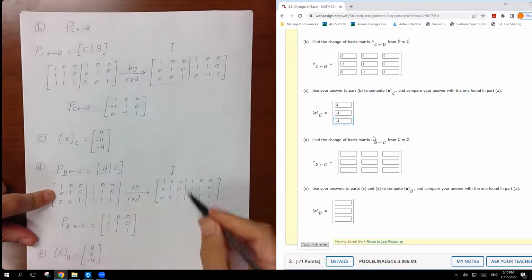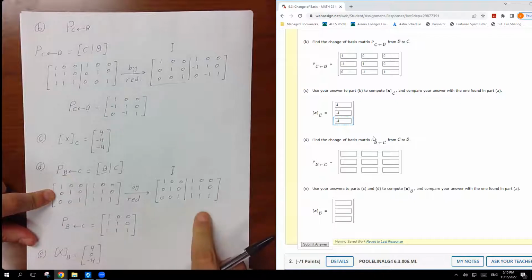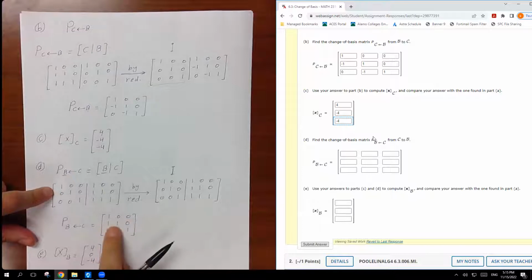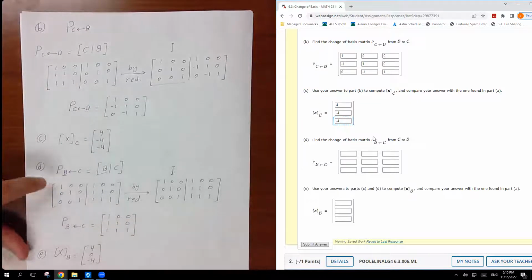And here the new matrix is going to be the change of base from C to B. So it's going to be 1, 0, 0, 1, 1, 0, 1, 1, 1. So we're going to plug in here 1, 0, 0. And the second one is going to be 1, 1, 0, 1, 1, 1.